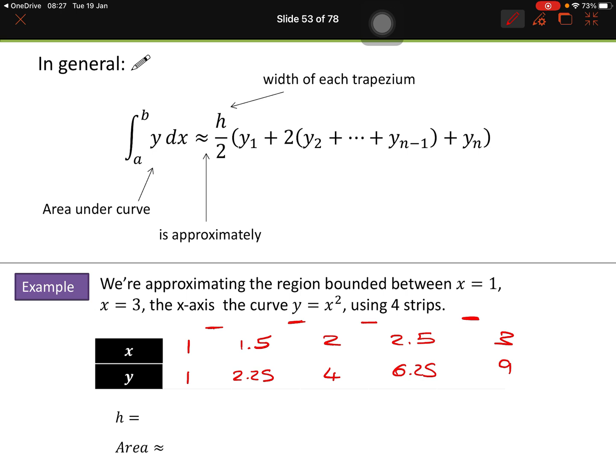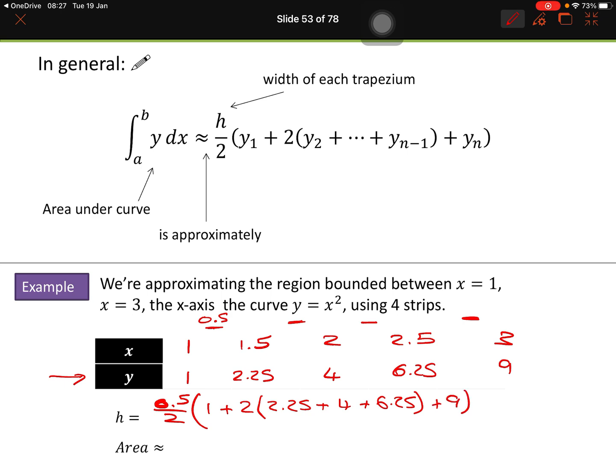So h, the width of each trapezium, is 0.5, so the gap between each of these is 0.5. So I'll go 0.5 over 2, lots of. Now I just use my y values. So it will be 1 plus 2 lots of the middle ones, so 2.25 plus 4 plus 6.25, plus my last one.